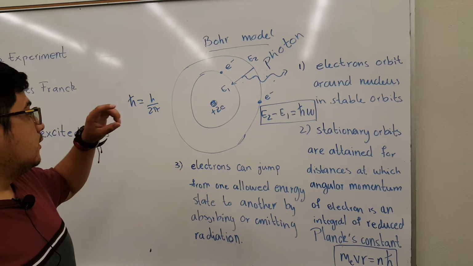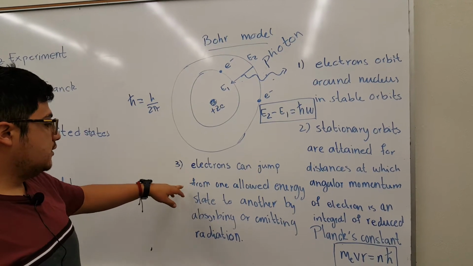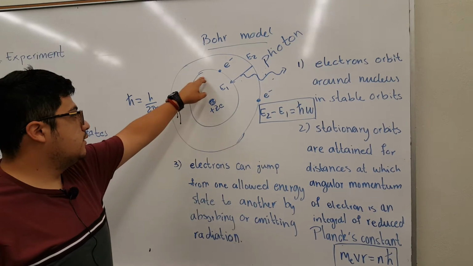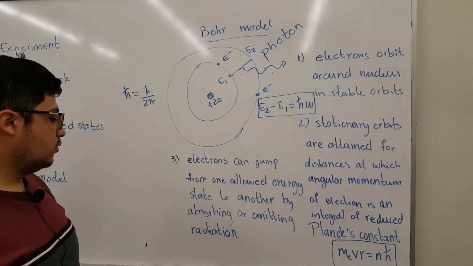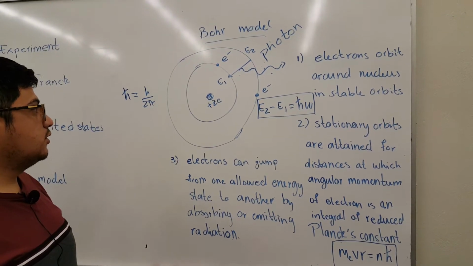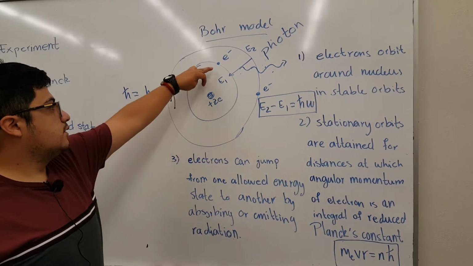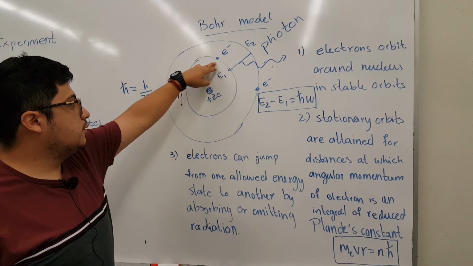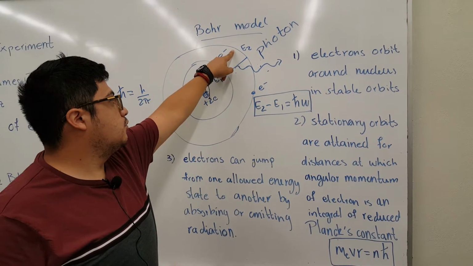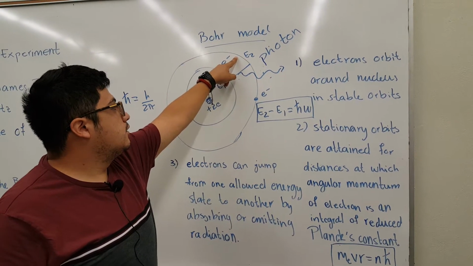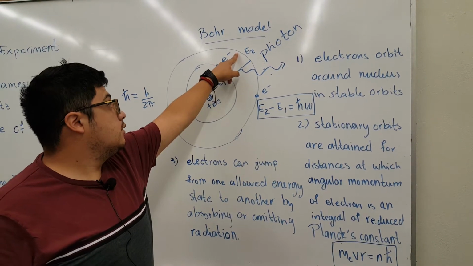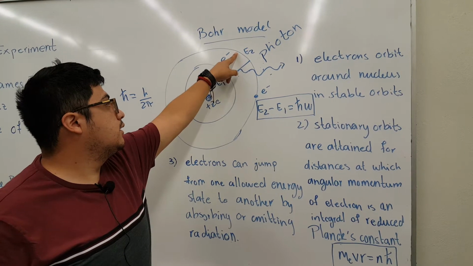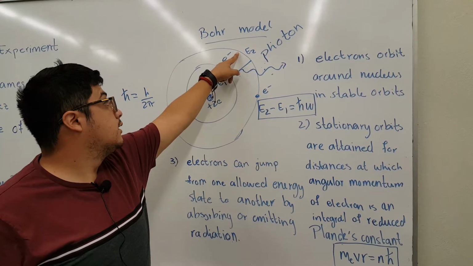Now, statement number 3 says an electron can jump from any allowed energy state to another by emitting or absorbing radiation. So if an electron is in the state with energy 1, absorbs a photon and jumps to state number 2, it has now increased the energy of the atom. It doesn't like to be there. Electrons like to be in the lower energy state.